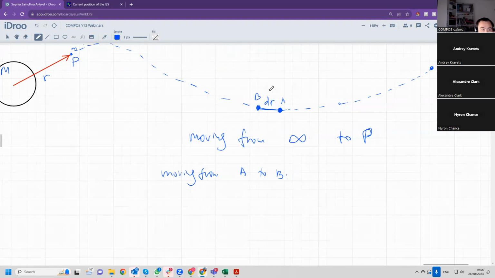The force, well, we know the force. Because you are doing the pushing, the force is going to be G, mass of the planet, mass of the object, divided by r squared.